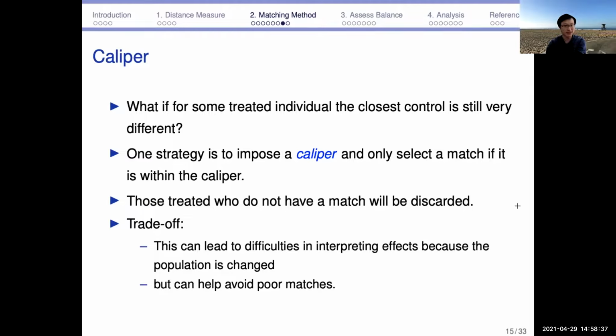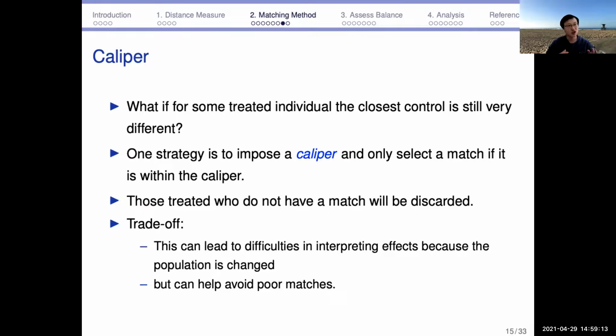But on the other hand, having a caliper can help avoid poor matches. And poor matches can lead to large bias, can lead to large variance, etc. So I guess what I'm trying to say here is that having a caliper or not is not a difference between a good matching method or a bad matching method, but rather having to impose a caliper indicates that your data is not very good.